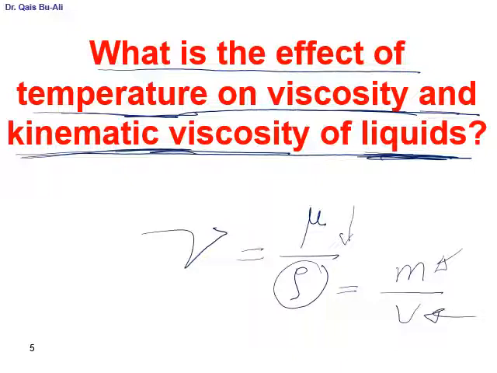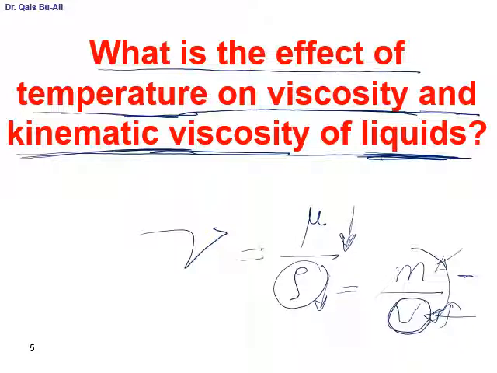What about the volume of the liquid? It might expand a little bit. So if volume increases, density will decrease, because this ratio will be less. So viscosity will decrease and density will decrease.